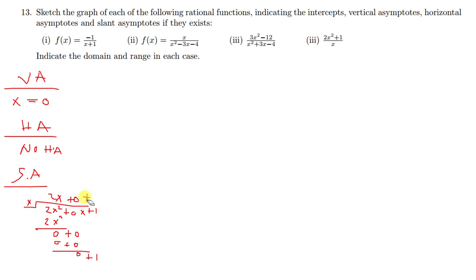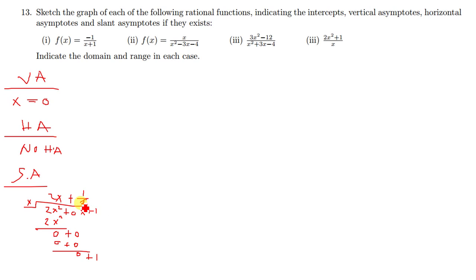Okay, let me do this. So this is basically what we were just supposed to have. Sorry, this is supposed to be x, yeah. Alright, so this is what we're going to have.